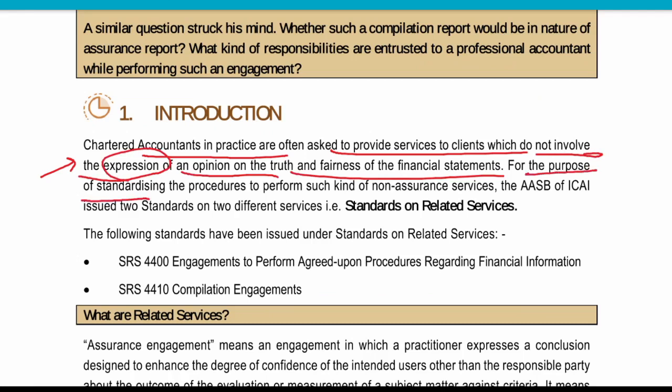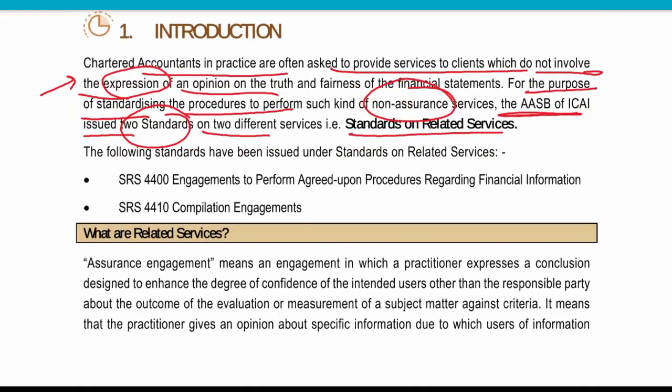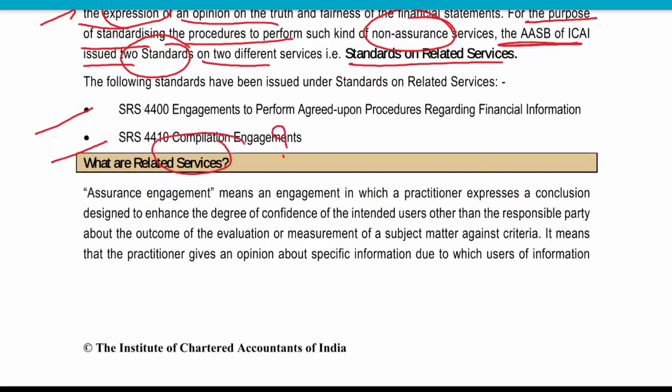For the purpose of standardization of procedures to perform such non-assurance services, the ASB of ICAI has issued two standards on two different services, that is the standards on related services. The following are the two standards that have been issued under standards on related services, that is SRS 4400 and SRS 4410.